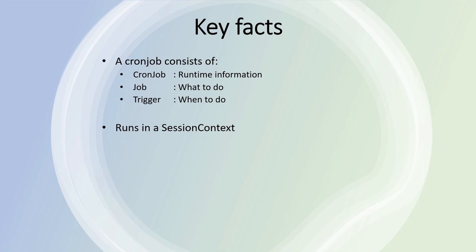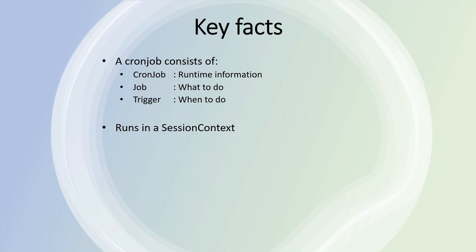The job describes the business logic which we have to execute, the logic to be executed defined by an associated job performable. Soon we will see what a job performable is, but in a nutshell, whatever we have to do, we define in the job, and with the trigger we define when we have to do it. It is used for scheduling when to run a job.